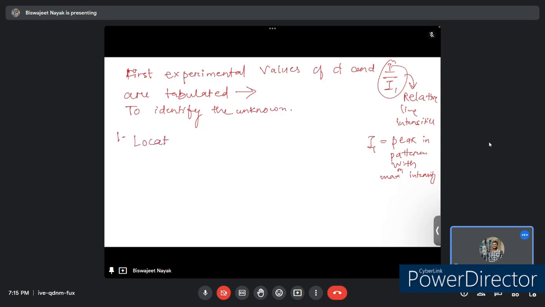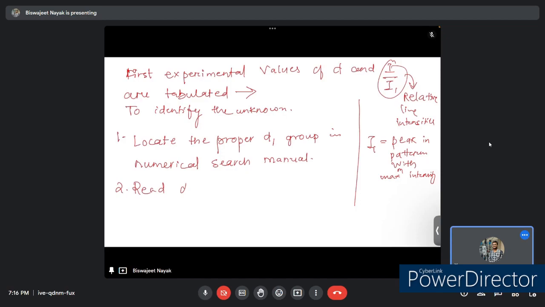These are first collected and stored, and to identify the unknown, first we locate the proper D1 group in the search manual.